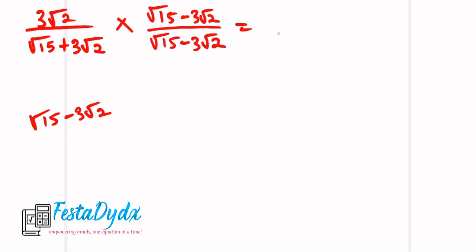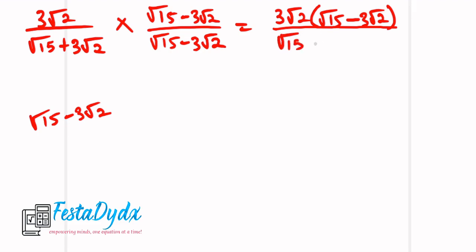So we'll bring the numerator and denominator together using the bracket. So 3 root 2 bracket root 15 minus 3 root 2. We'll close the bracket all over root 15 plus 3 root 2. Close the bracket and then we'll have root 15 minus 3 root 2.